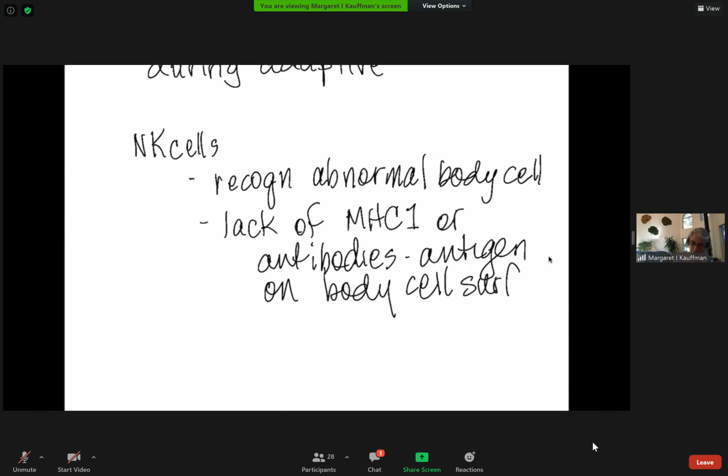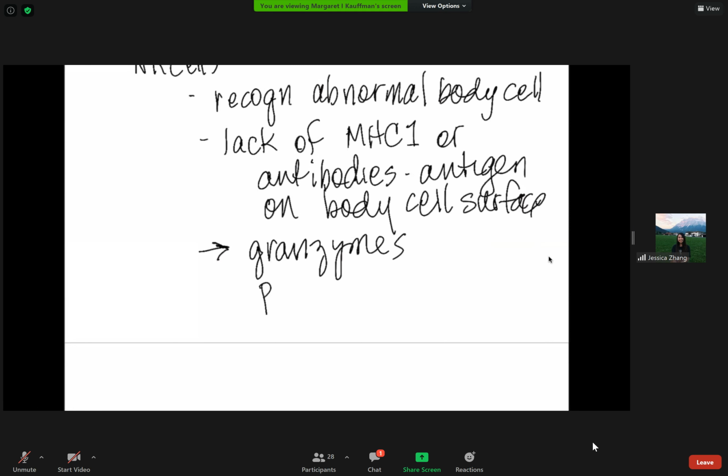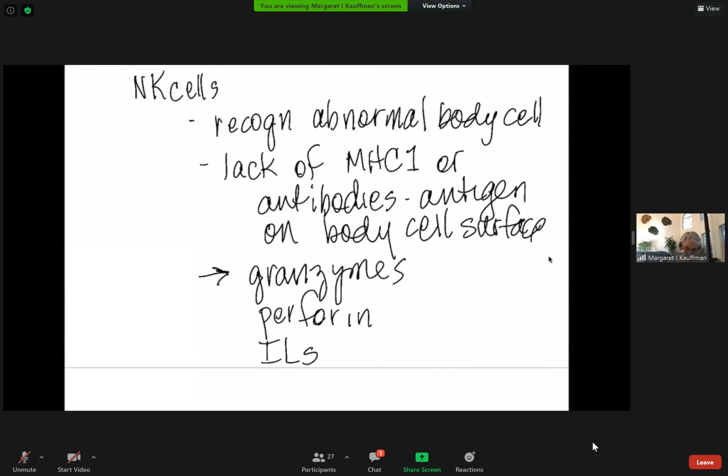Great. And then they also release interleukins that call in phagocytes and increase inflammation. Okay, that's nice. Thank you very much.